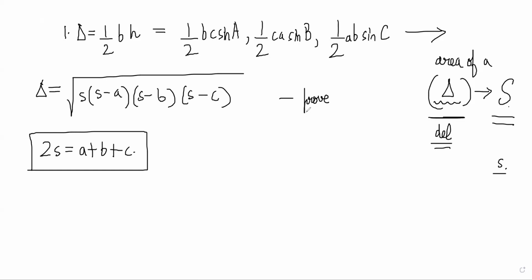We can prove it, but you should try it yourself. I think it will be easier once we do sine rule and cosine rule, so if you can't do it right now, don't worry about it. But you should know that this is also a formula for area of a triangle. So these are basic results for area of a triangle. The next thing that I want to discuss is sine rule.